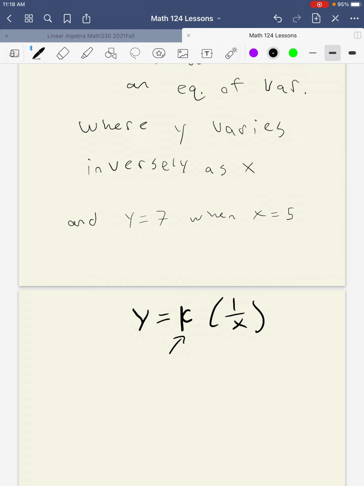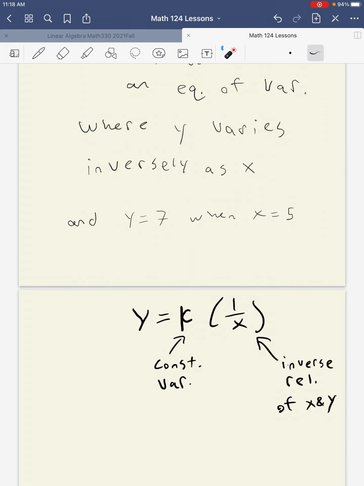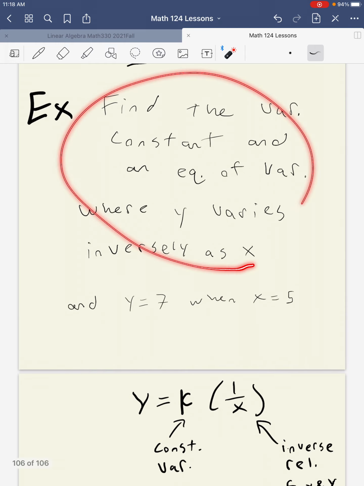So this k is the constant of variation, and y equals 1 over x is the inverse relationship of x and y. Okay, so we know the equation is going to look something like this. That's what all these words were telling us.